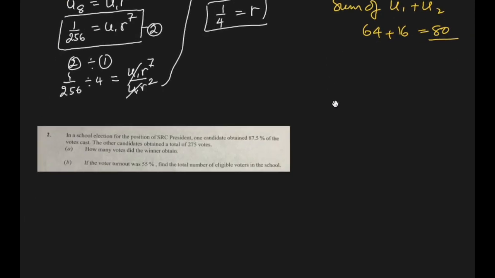Let's take a look at the second question, which is: in a school election for the position of SRC, Students Representative Council President, one candidate obtained 87.5% of the votes cast. The other candidates obtained 275.